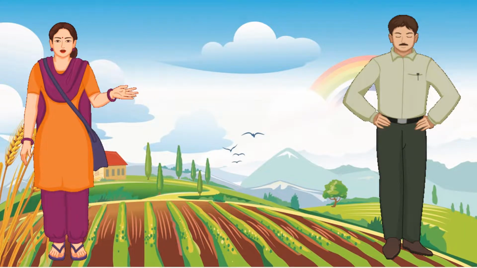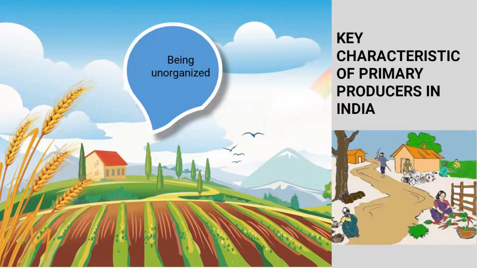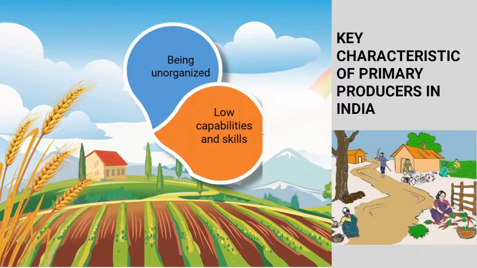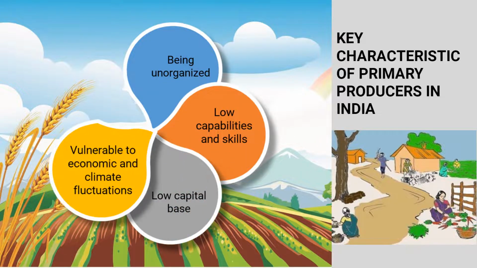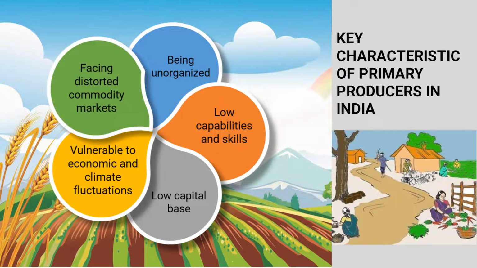Vinod, the common characteristics of rural people deriving their livelihood from agriculture and allied sectors include being unorganized, low capability and capital base, being vulnerable to economic and climatic fluctuations, and facing challenges in accessing bigger agriculture markets.